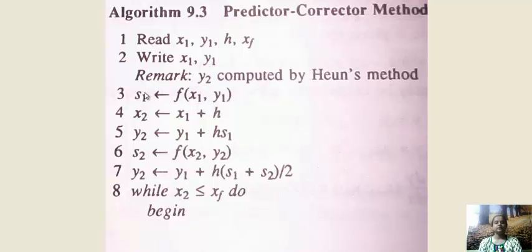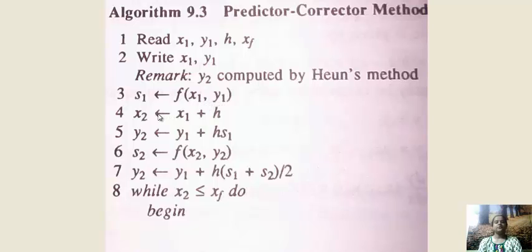After that we will compute s1. s1 is the function value at the points x1 and y1. x1 and y1 are the initial values, and therefore s1 is the function value at x1 and y1.